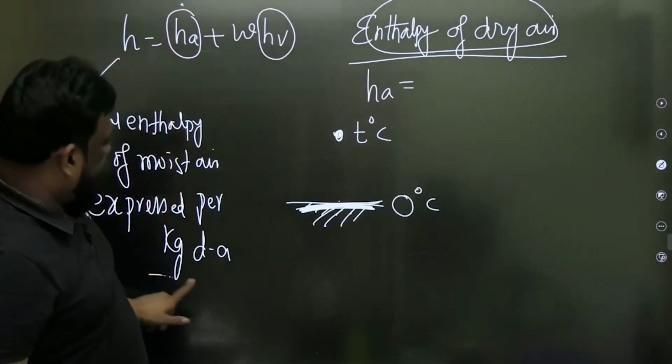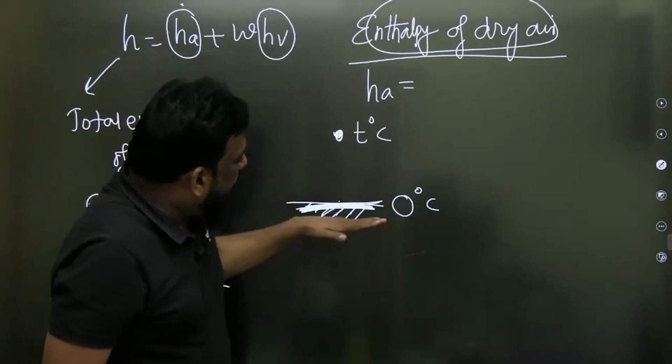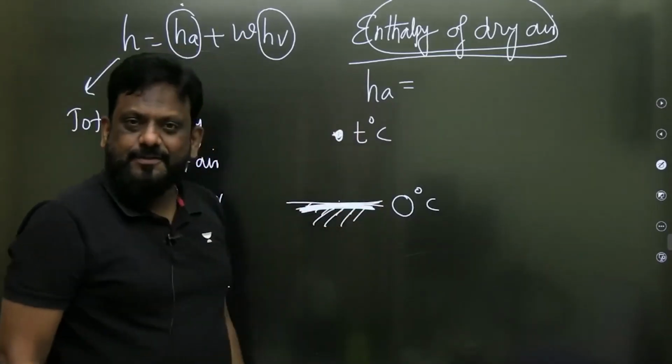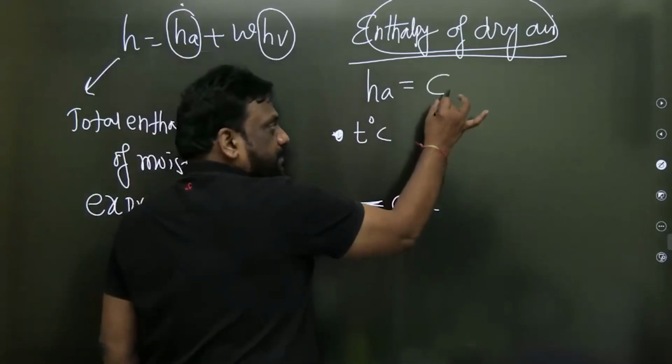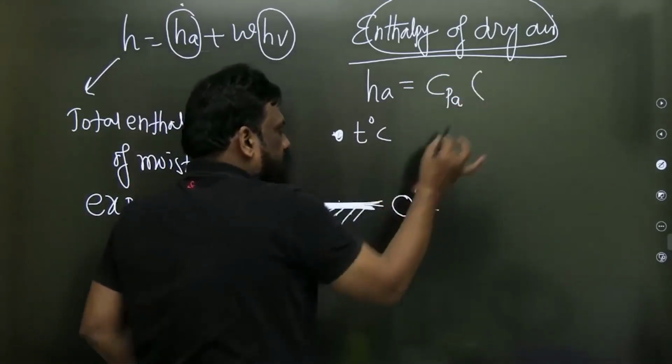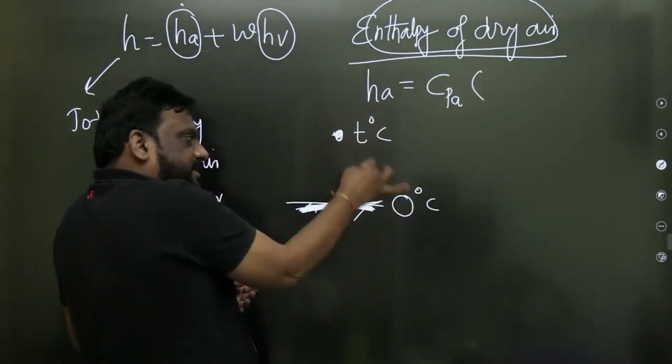But this is expressed per kg dry air, leave it. अब यहां से मुझे इसका enthalpy चाहिए, तो कैसा करेंगे सर? Now enthalpy of dry air, CPT, CPA, इस reference से इस, what is the difference?